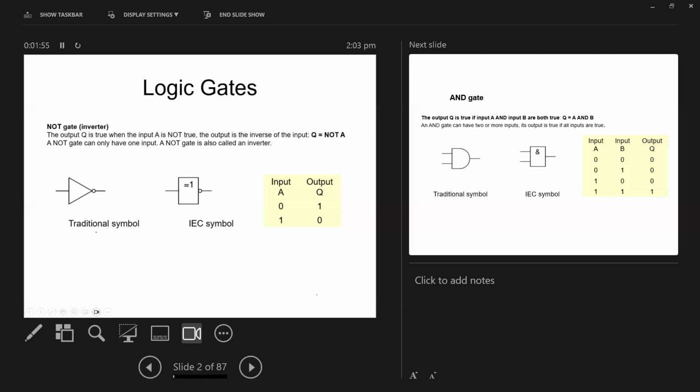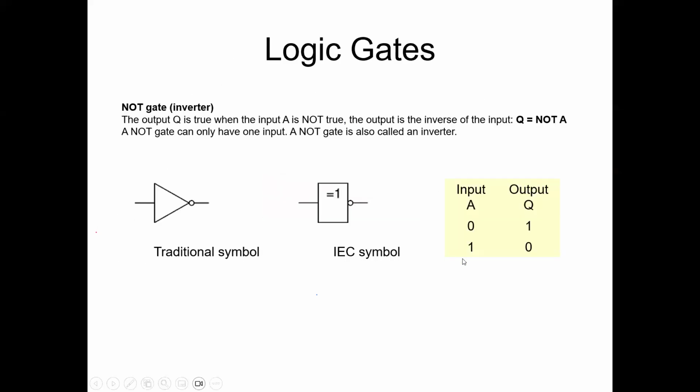So you can see that for the input for a NOT gate over here, the line coming into it is only 1.